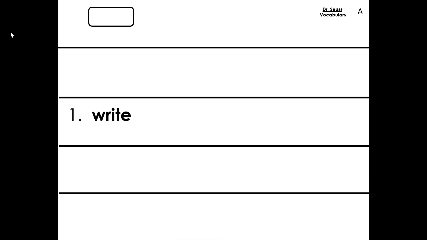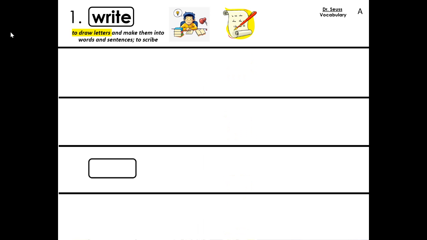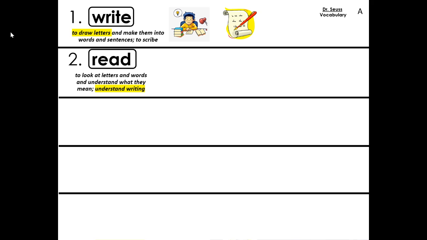So let's review our vocabulary, because when we retell the facts about Dr. Seuss, we might use some of these vocabulary words. Number 1, write. To draw letters and make them into words and sentences, to scribe. Number 2, read. To look at letters and words and understand what they mean.